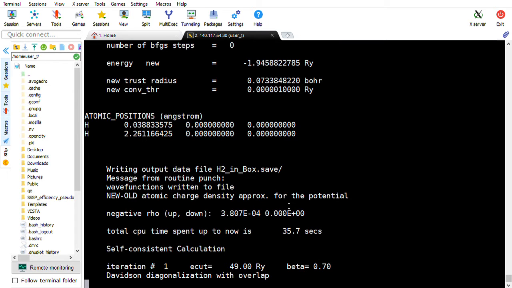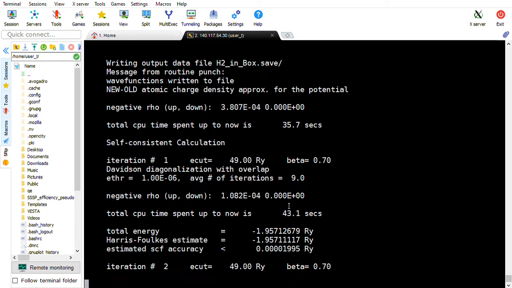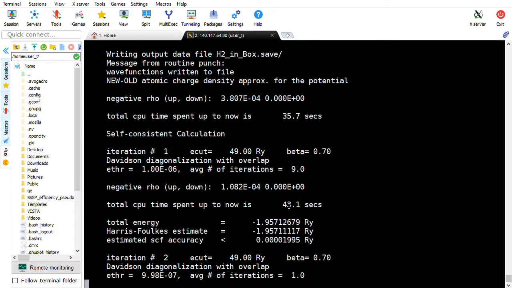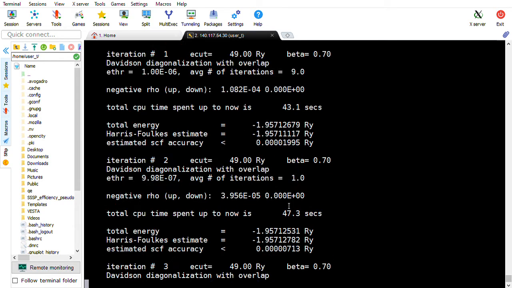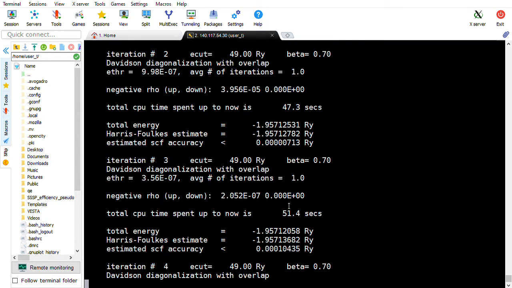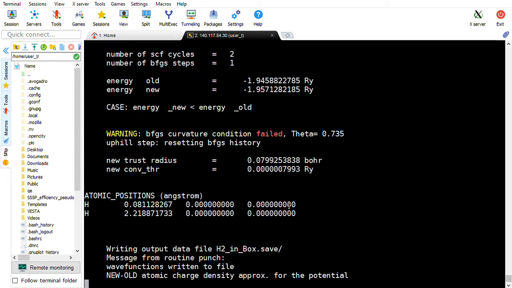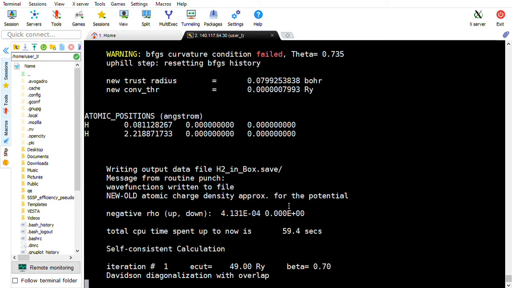It gives you new atomic positions. Remember, I started with a distance of 2.3 or 2.5, and that was already a bit different. It starts the next self-consistent cycle after the ions have been shifted. It optimizes the electronic density, tries to reach convergence, right?